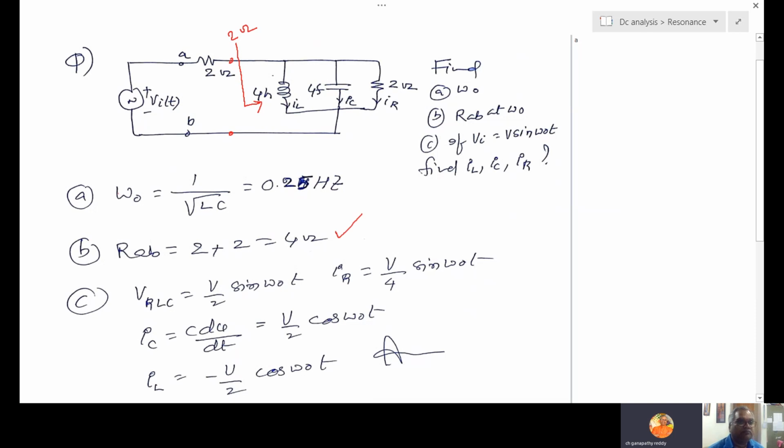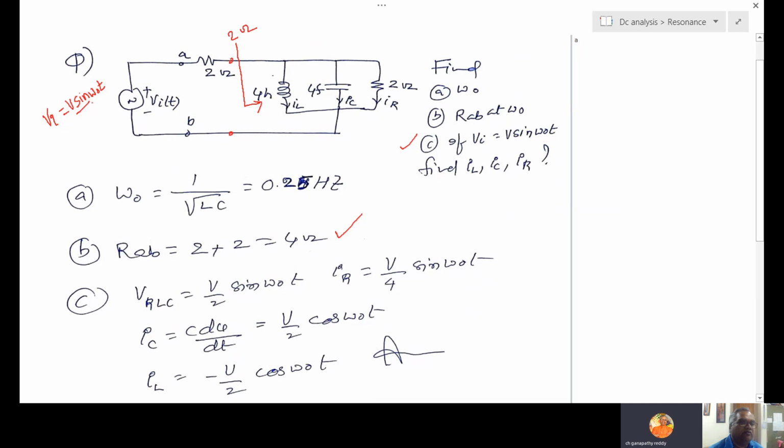Next, what is the input applied here? This input Vi applied is V sin omega naught t. So the voltage across RLC is V by 2 sin omega naught t. Why V by 2?